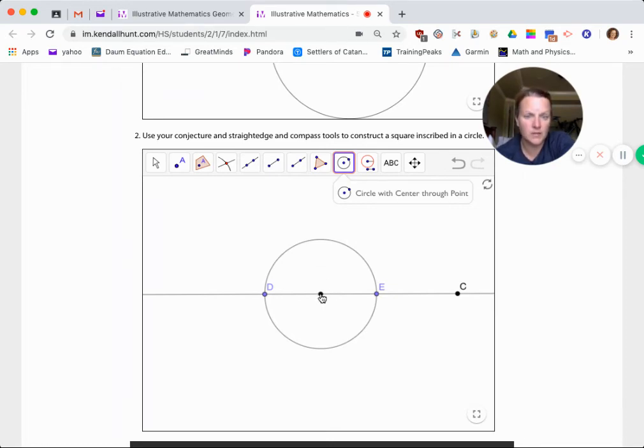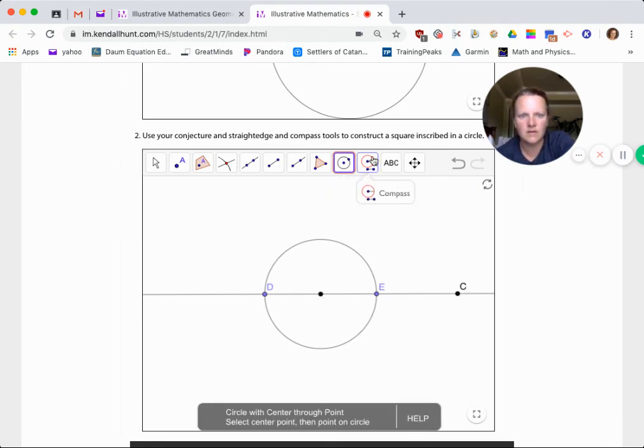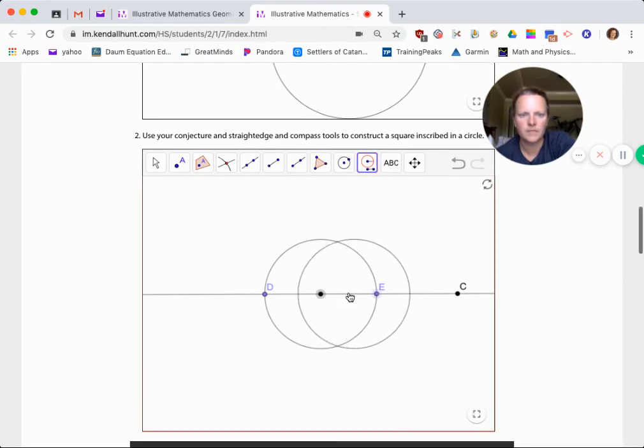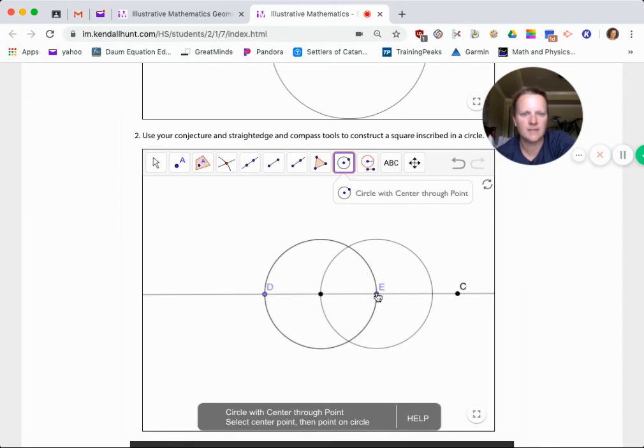So I want it to be through this point, but perpendicular. So let's see, if I construct a circle through here, check, and then a circle through here, going through the same steps.